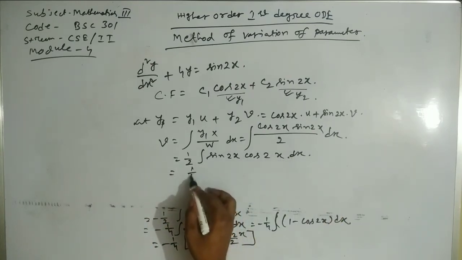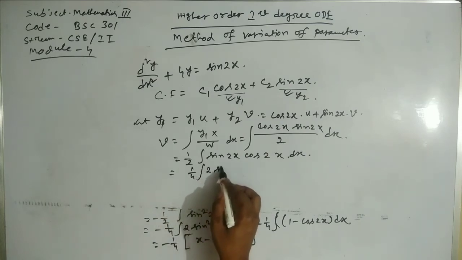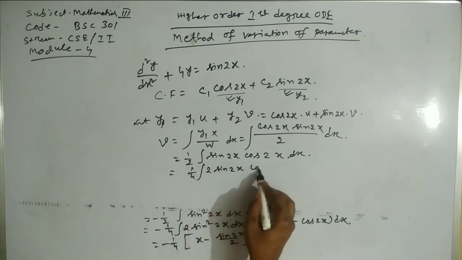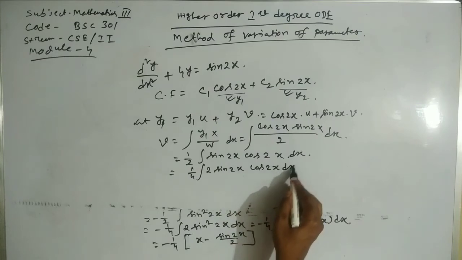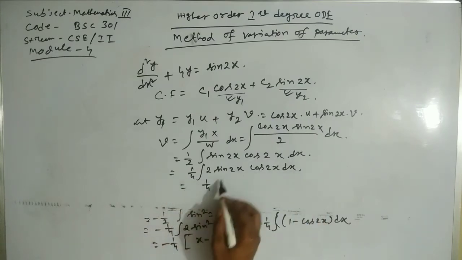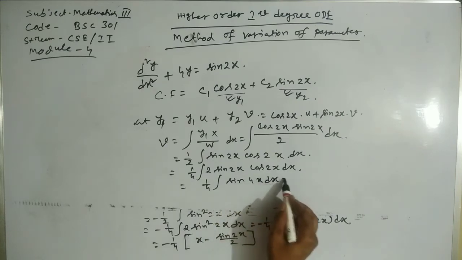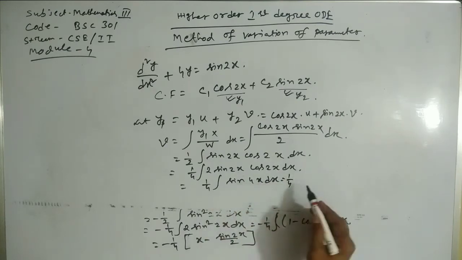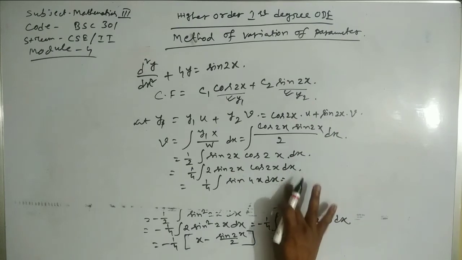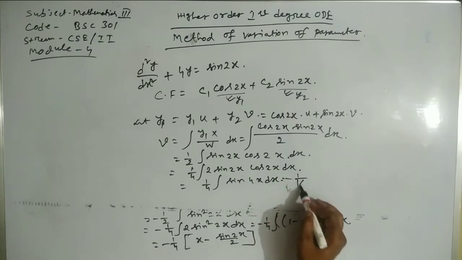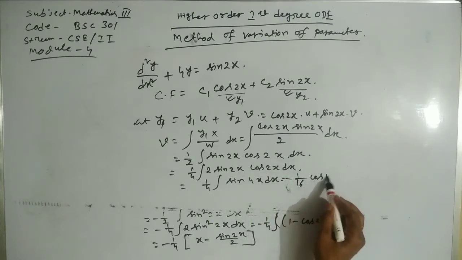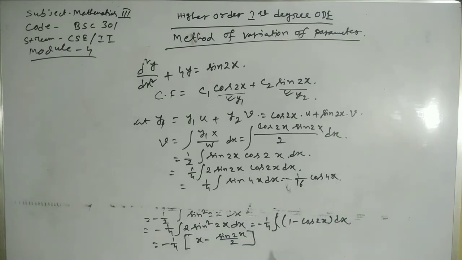Now it can be written as 1 by 4 integration of 2 sin 2x cos 2x dx, and this is 1 by 4 integration of sin 4x dx, and after integration it will be minus 1 by 16 cos 4x. So we got u and v.